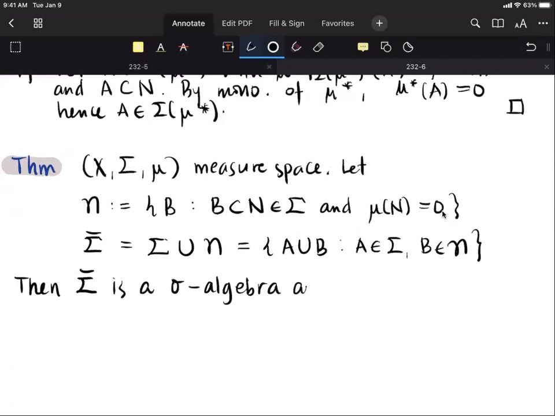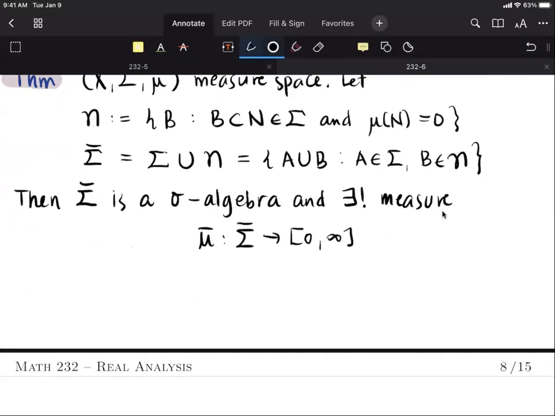And one can find, in fact, a unique measure, say mu bar, from this new sigma algebra with the following property: mu bar is equal to mu on sigma.